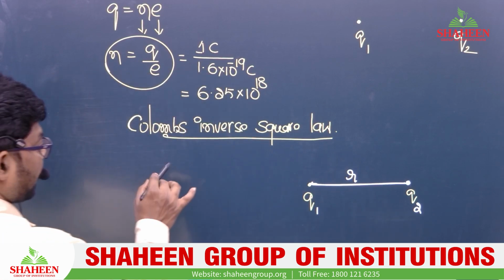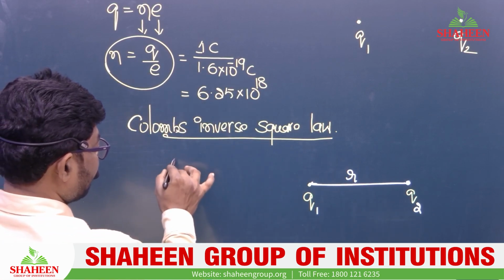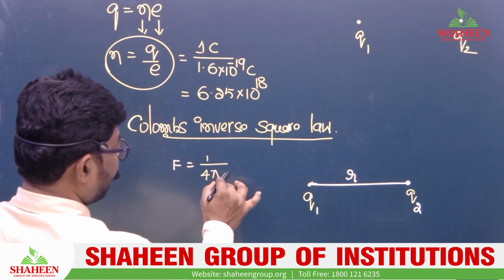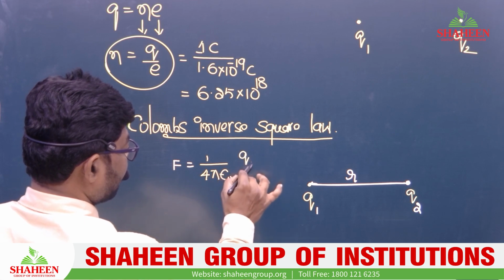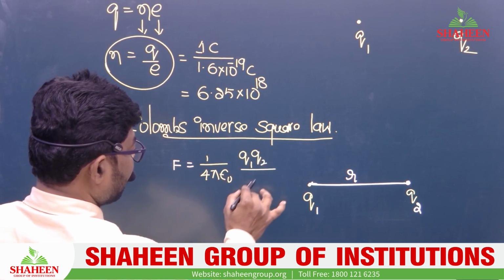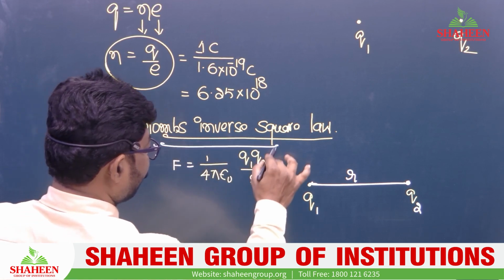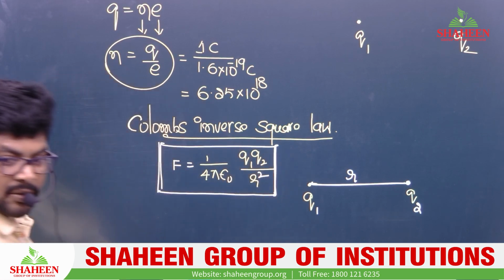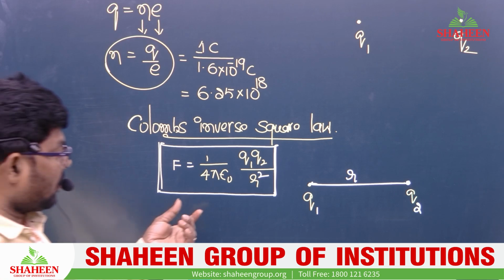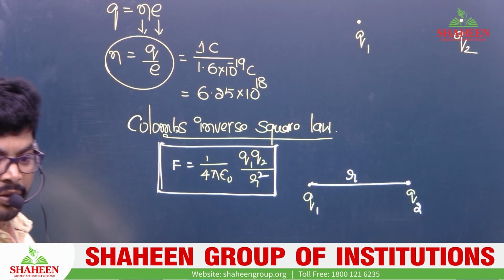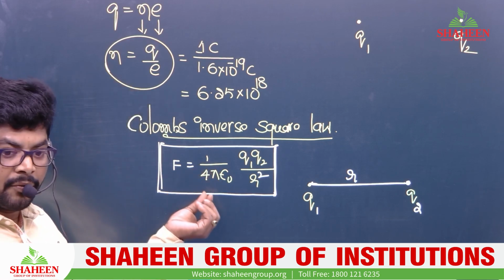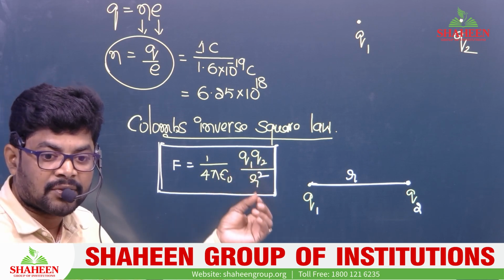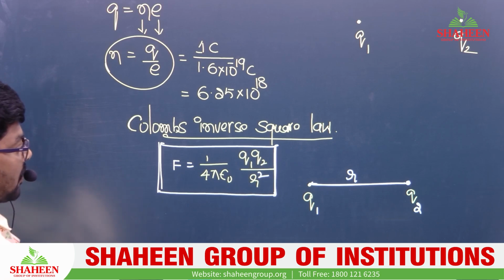The force of attraction or repulsion between the two charges is F equals 1 upon 4 pi epsilon naught into Q1 Q2 upon r square.